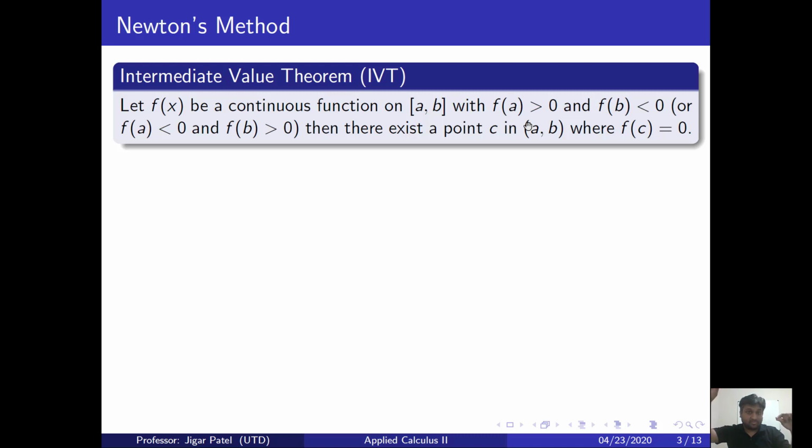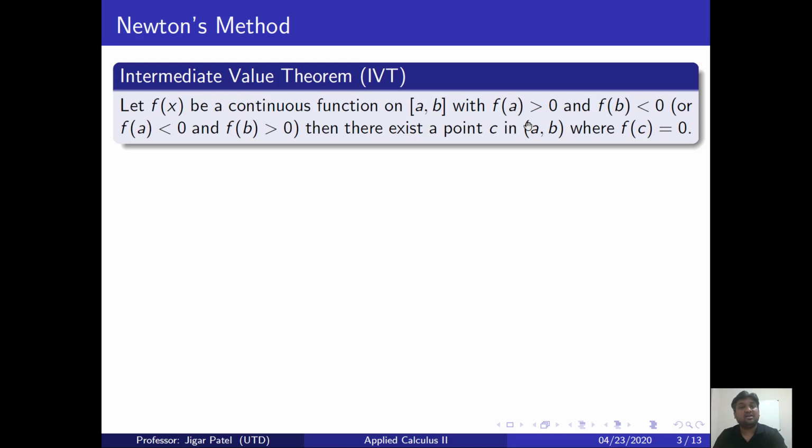If this is happening, then because of continuity, the function is continuous. Remember, the graph doesn't break: no jumps, no asymptotic behavior, no holes are allowed for a continuous function on the region a to b. So if f of a is negative and f of b is positive, then as your function moves from a to b, it must cut your x-axis somewhere.